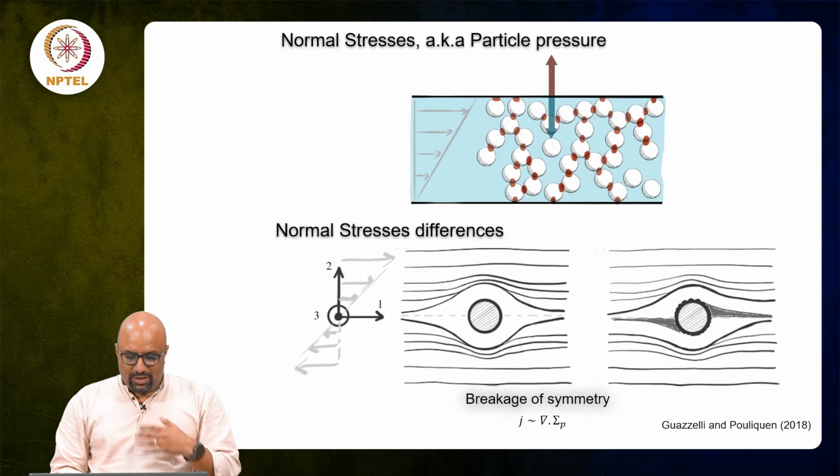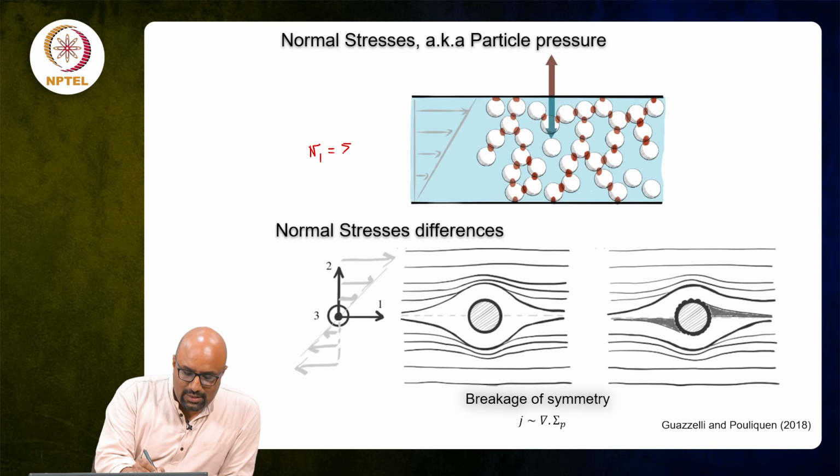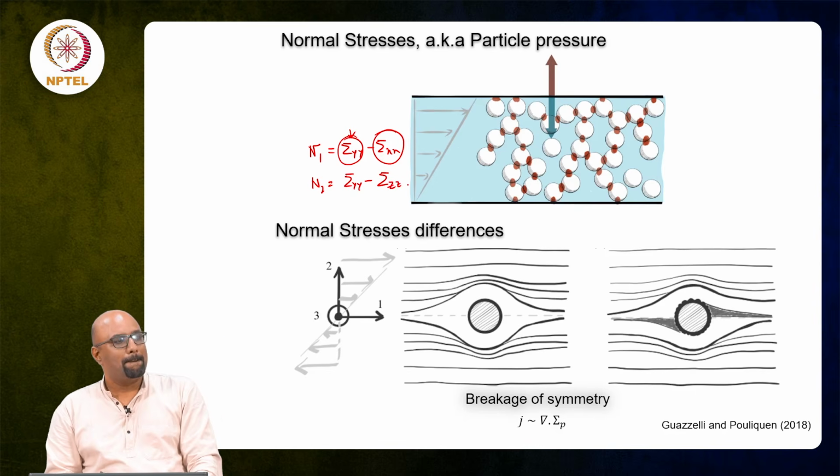So, this normal stress difference, there are different ways by which now you can calculate, and why I am saying this is a difference is, if you calculate what is the normal stress in the gradient direction. So, this is the y component of the particle stress, this is the x component of the particle stress, and similarly if you measure sigma y minus sigma z.